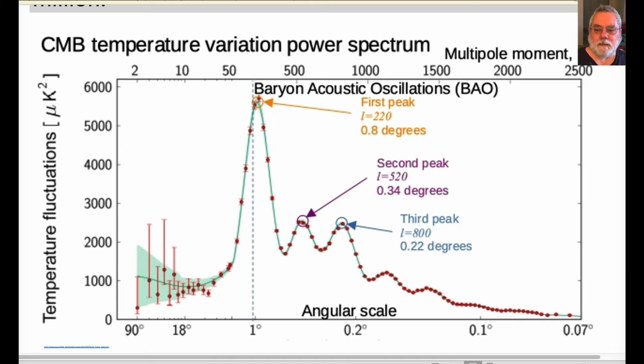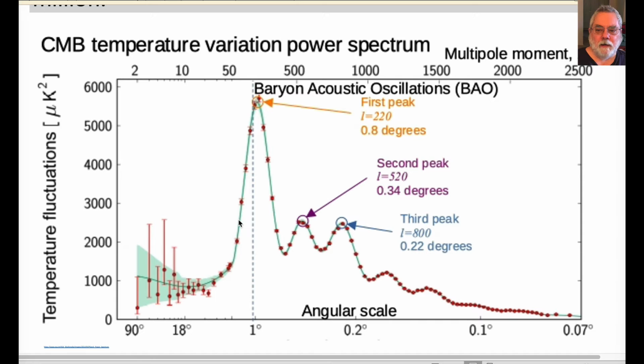The European Space Agency website says, the green curve represents the best fit of the standard model of cosmology, currently the most widely accepted scenario for the origin and evolution of the universe to the Planck data.